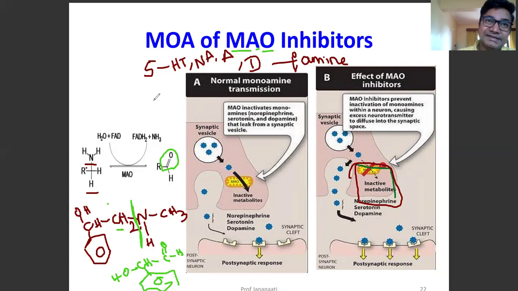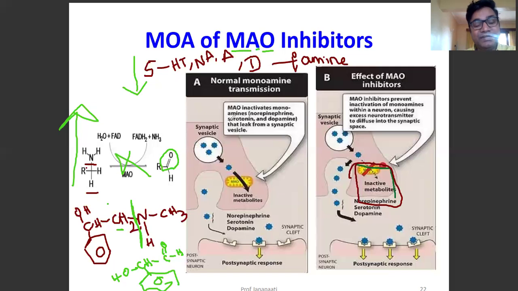In our disease, the levels of these neurotransmitters decrease. Now our drugs prevent this metabolism. So what happens? The levels of these neurotransmitters are increased. This is the mechanism of action of these drugs.